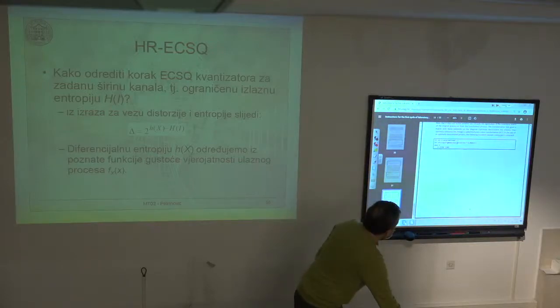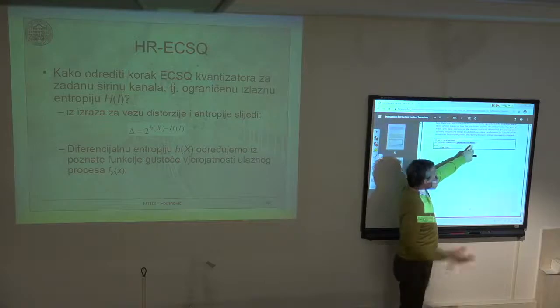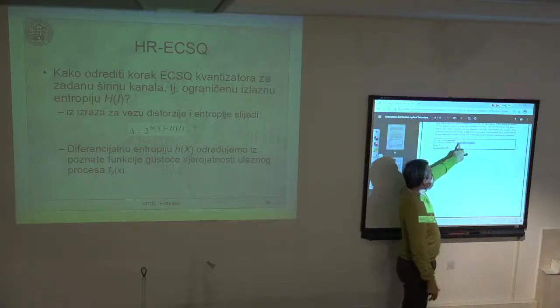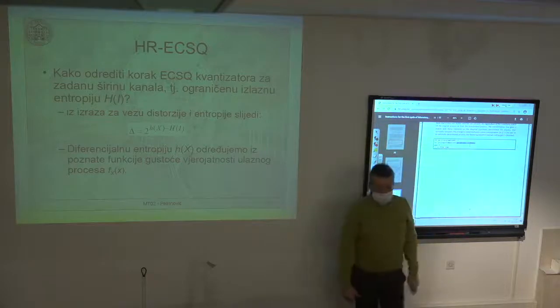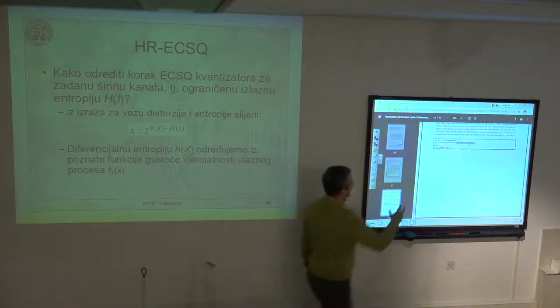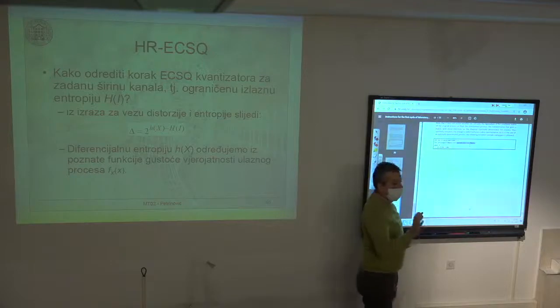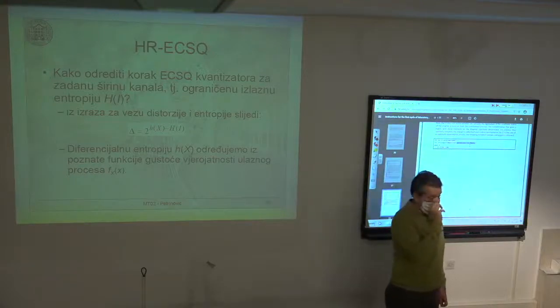And this here is the power of 1 over n, so it is the nth root of the product of variances. So it is the geometric mean. You have the ratio of arithmetic mean and geometric mean. This ratio is always greater than 1, because the arithmetic mean is always greater than the geometric mean.